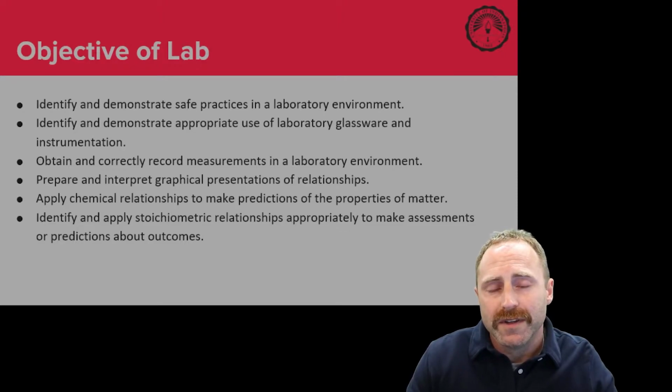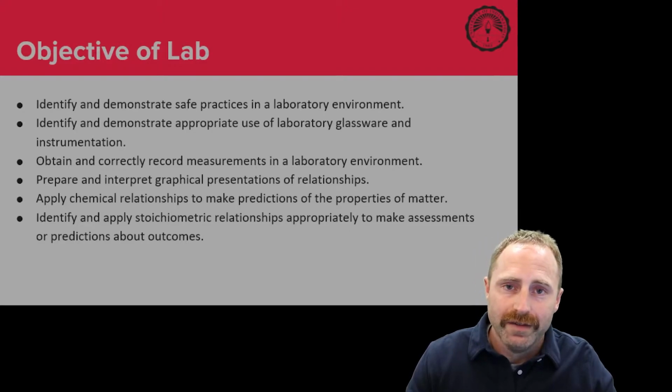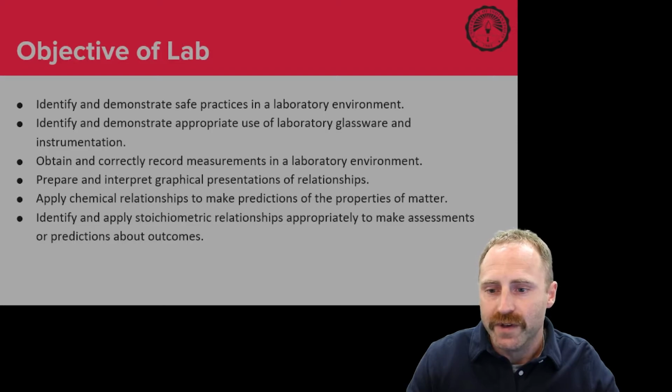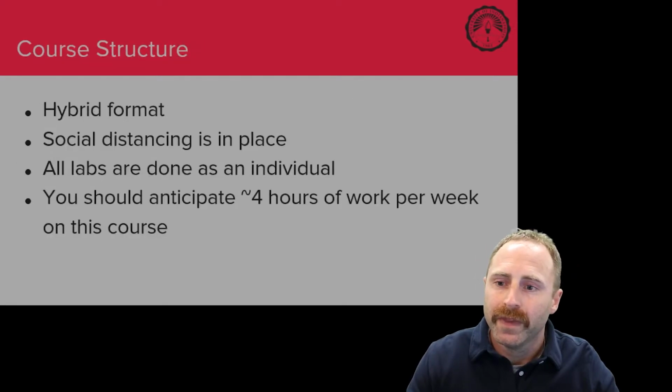We're also going to be focusing on stoichiometric relationships. This is a concept that if you've had a previous chemistry course before, you've probably touched on. We're going to continue on down that because stoichiometry is just an absolute fundamental in order for you to be successful in chemistry at a basic or an advanced level. So stoichiometry is going to be really important.